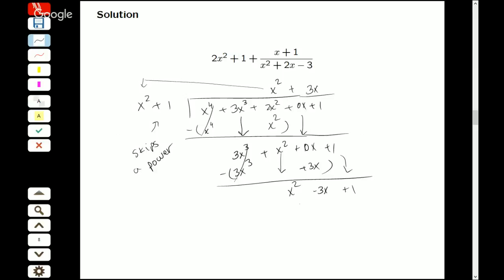And then how many times does x squared go into x squared? Once. Multiply, you get x squared plus 1. When you subtract, those cancel, that cancels, this comes down, you get a minus 3x for your remainder. So your answer would be x squared plus 3x plus 1 minus 3x over x squared plus 1.